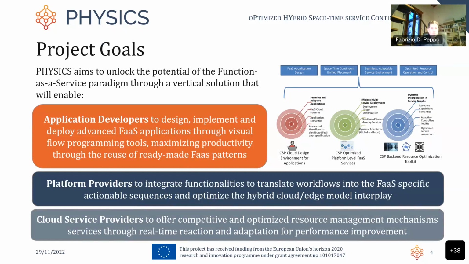There are also benefits for platform providers to integrate functionalities to translate workflows into FaaS-specific actionable sequences and optimize the hybrid cloud-edge model interplay. And benefits also for cloud service providers to offer competitive and optimized resource management services through real-time reaction and adaptation for performance improvement.